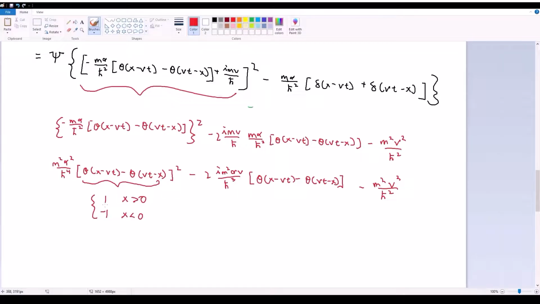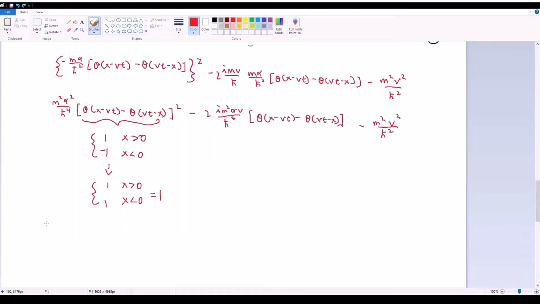So if we square this, then this is going to become a piecewise that equals 1 when x is greater than 0 and also 1 when x is less than 0. So this is actually just equal to 1 if you square it. So the final resulting expression is just going to be m squared alpha squared over h bar to the 4th minus 2i m squared alpha v over h bar cubed times theta x minus vt minus theta vt minus x minus m squared v squared over h bar squared.